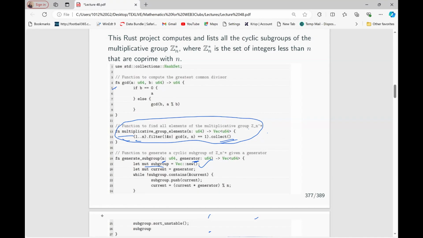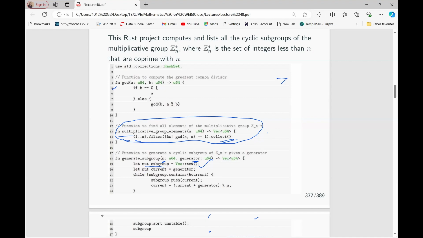Then let the current be the generator. I just want to show you how it will then be coming up with the subgroup.